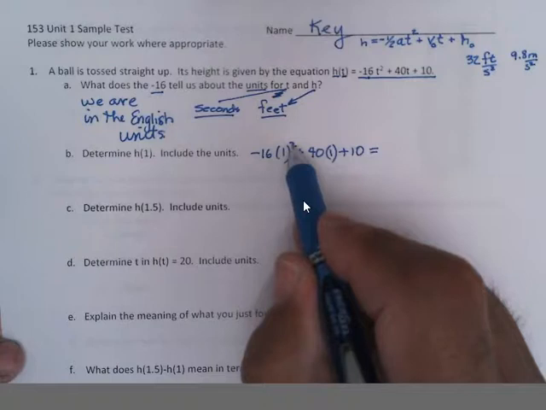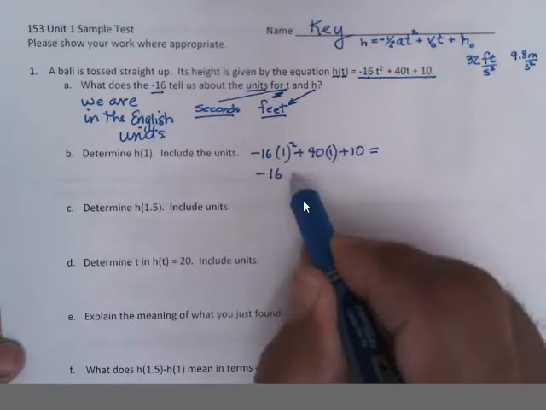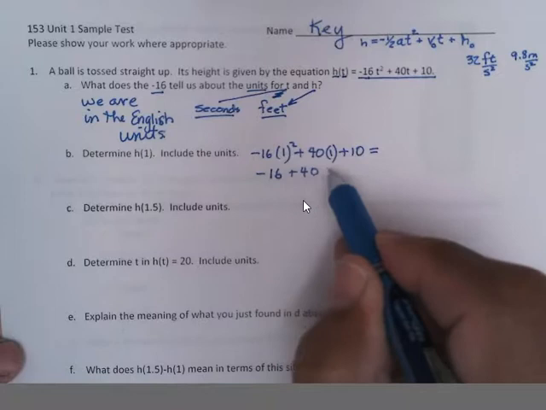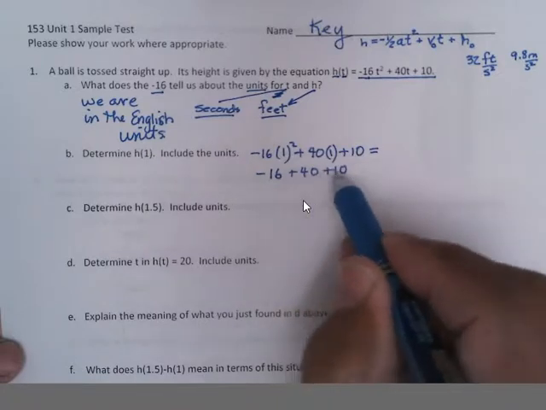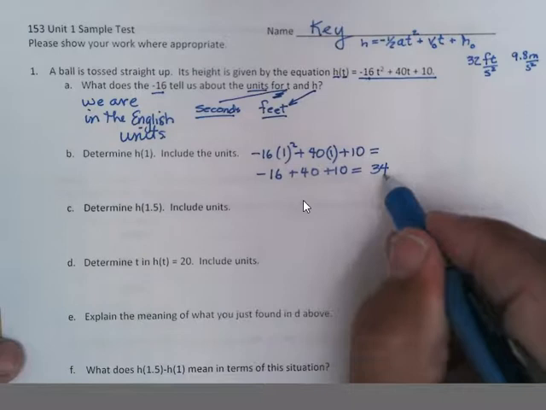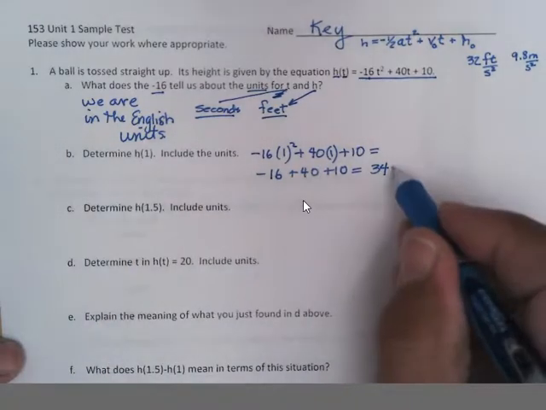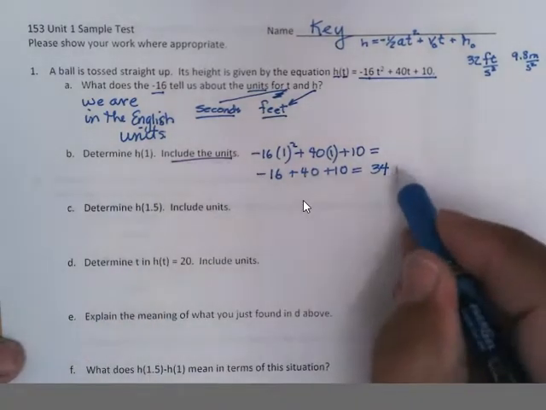So 1 squared is 1 times 16. So I got negative 16 plus 40 plus 10. So I got 50 minus 16, which is 34. And that's the height at 1 second. And so the height is in feet.